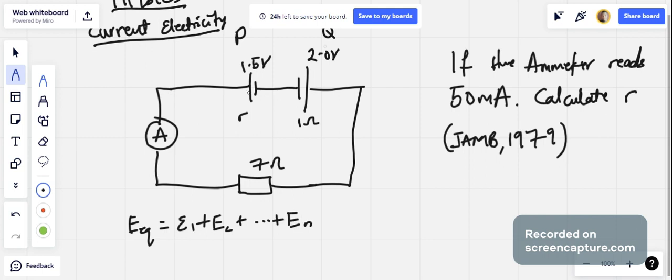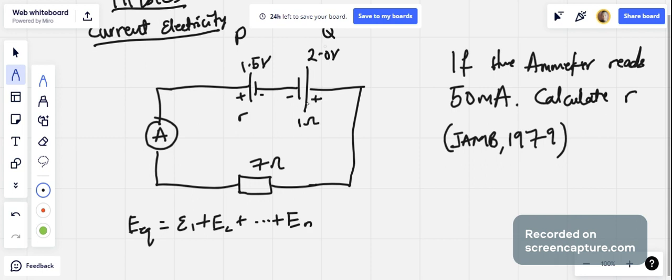So here we are going to add the first cell to the second cell. However, you don't just begin to do the addition like that. You have to take cognizance of the signs, or let's say the polarity, of the cells. For cell P, we have positive, negative. This is the positive terminal and this is the negative. But when you come to cell Q, we have negative first before positive.